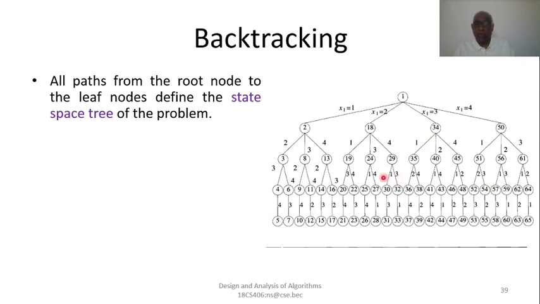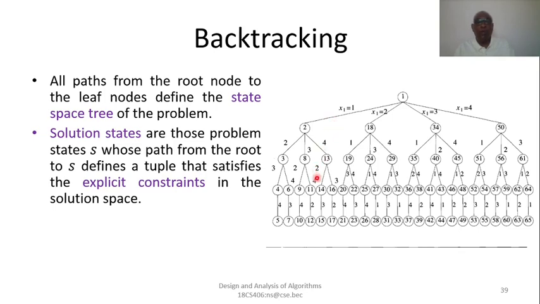Once again, I would like to tell you that the whole of the state space tree is not constructed in backtracking. The state space tree is evolved, and as and when a particular node fails in satisfying the bounding function, we stop there and explore other possibilities of the values of the variable at that level, or if all the possible values at that level are exhausted, it backtracks.